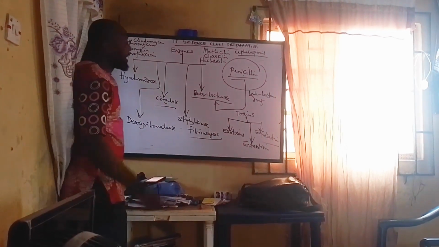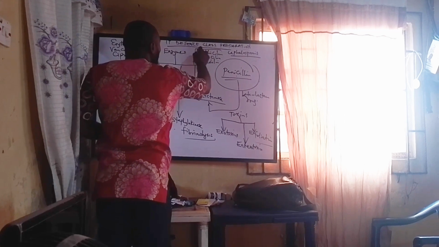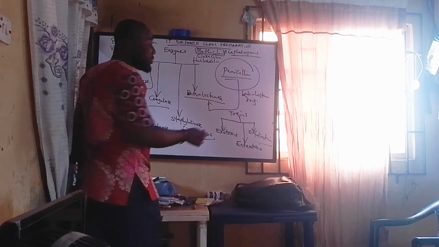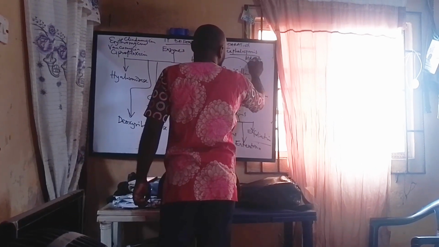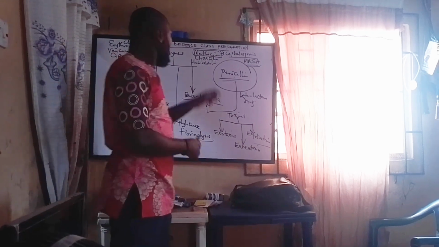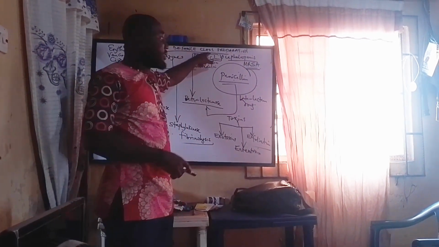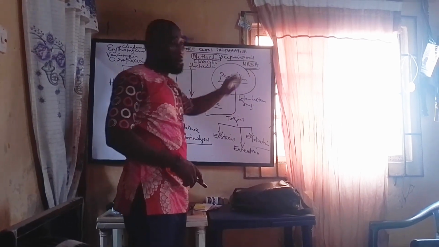Now, there's something I want to make clear. There are still some staph that can resist this medicine. They call them methicillin-resistant Staphylococcus aureus. Inside that staph, there are some that are able to resist methicillin.